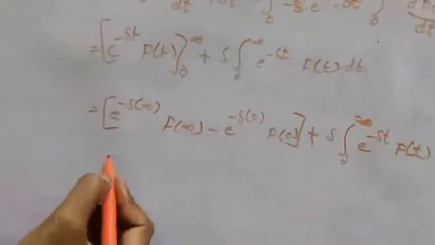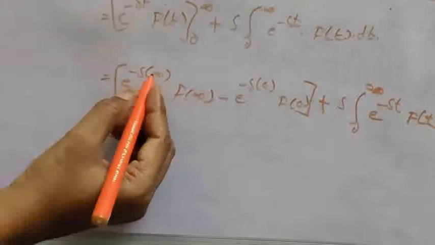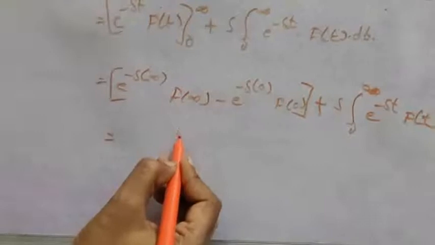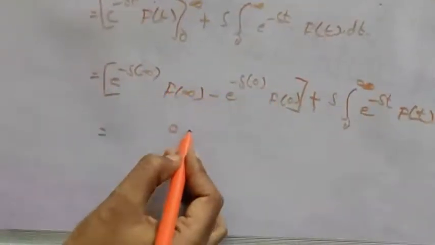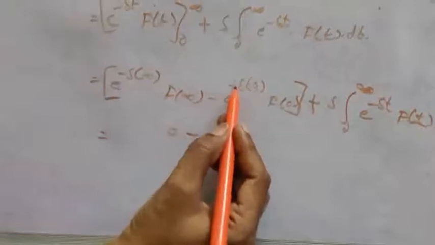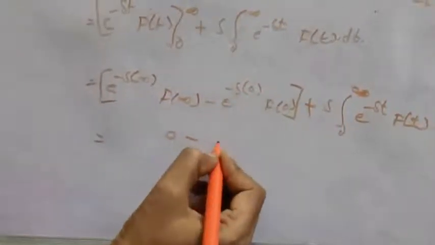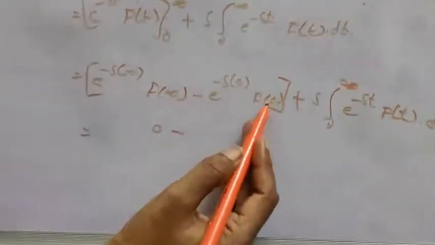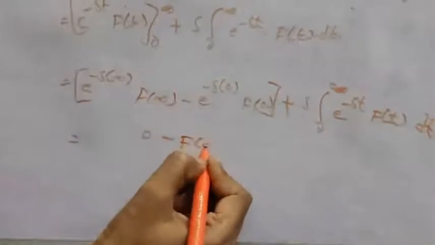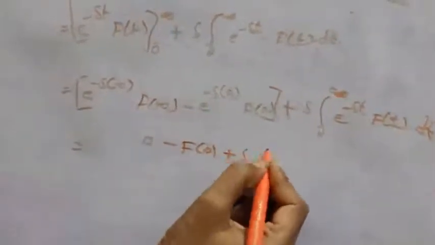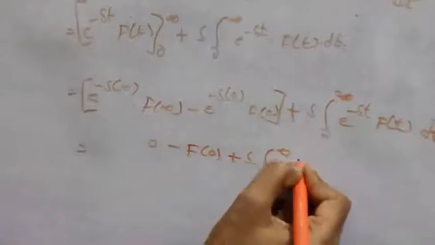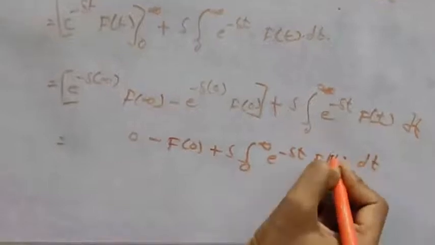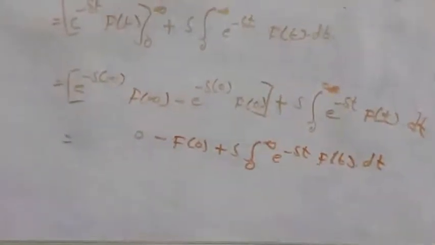Here e power minus s infinity is 0, so its value is 0, minus e power minus s into 0, e power minus 0 is 1, and f of 0. You will get plus integral 0 to infinity e power minus st f of t into dt.